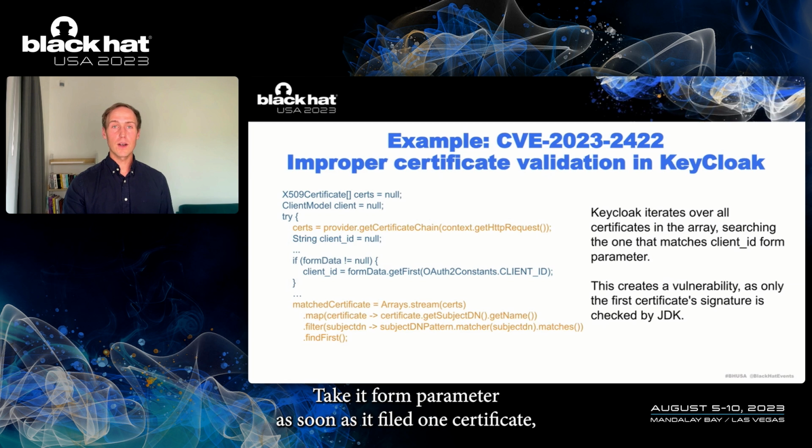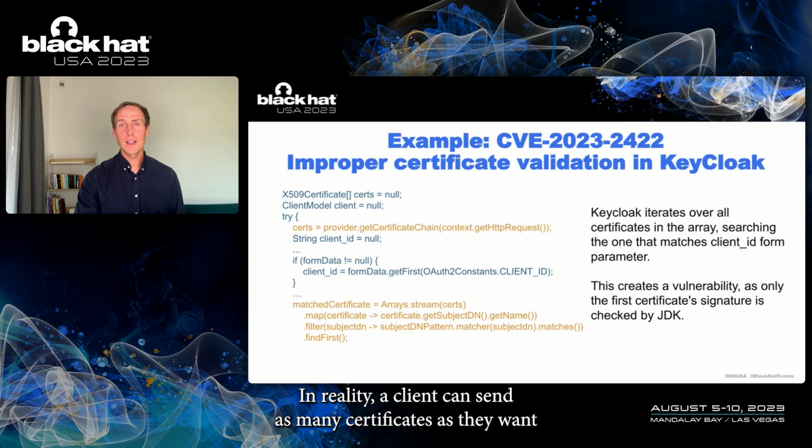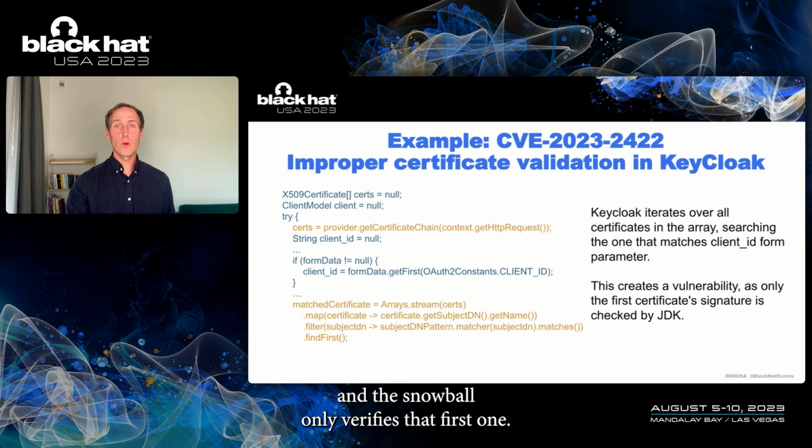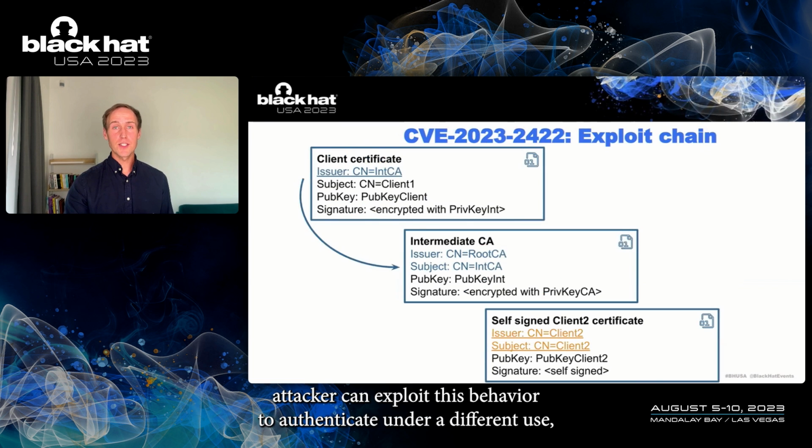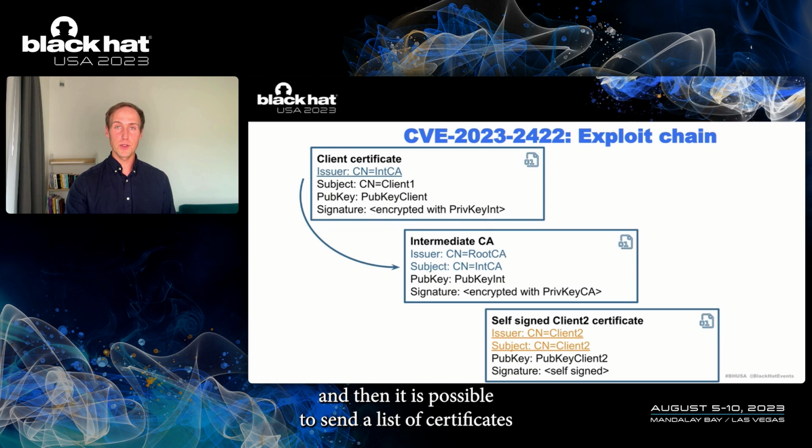As soon as it finds one certificate, it implicitly trusts it, assuming that the signature has already been checked during the TLS handshake. In reality, a client can send as many certificates as they want, and the server only verifies the first one. A potential attacker can exploit this behavior to authenticate under a different username.